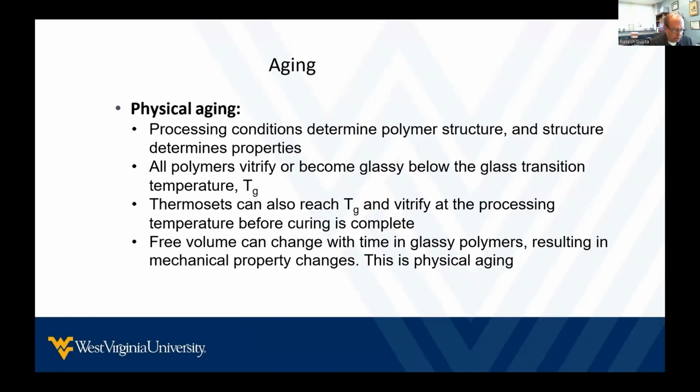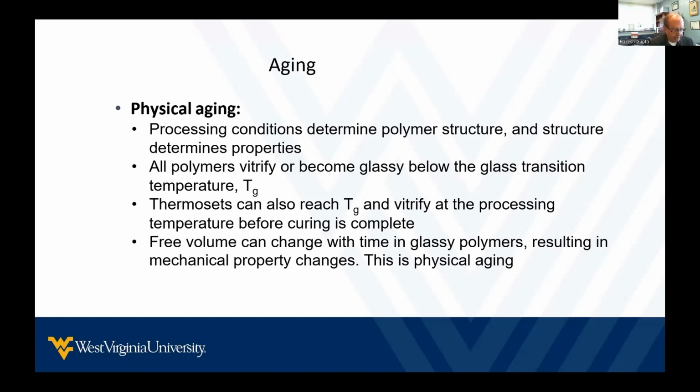Material properties change during service. Early on, the properties can change because of what we call physical aging. The paradigm in the polymers community is that processing conditions determine the structure and structure determines the properties.